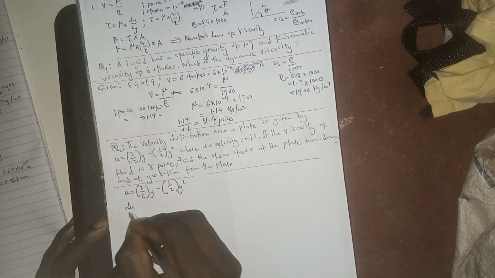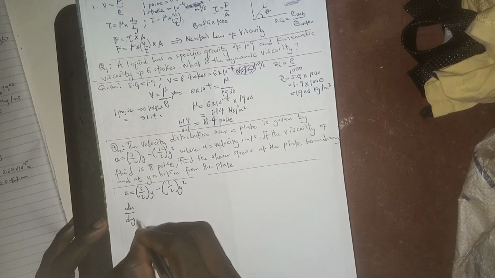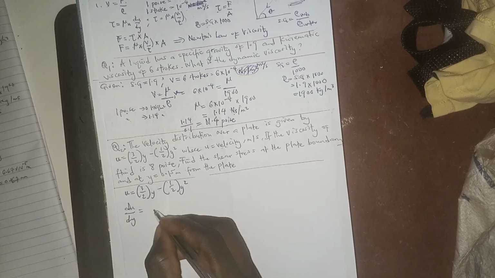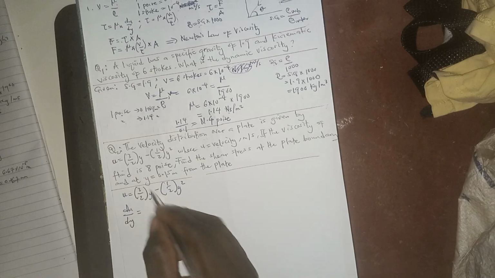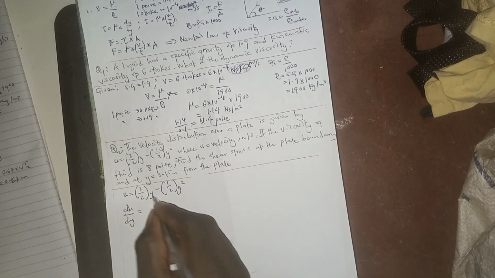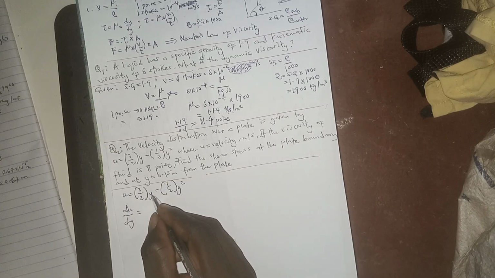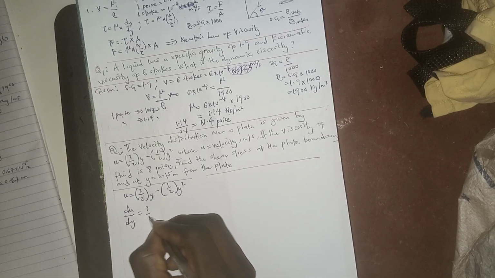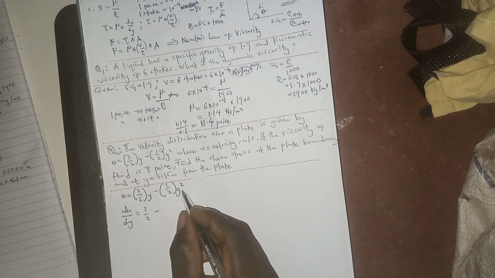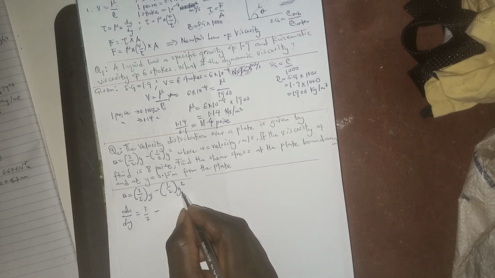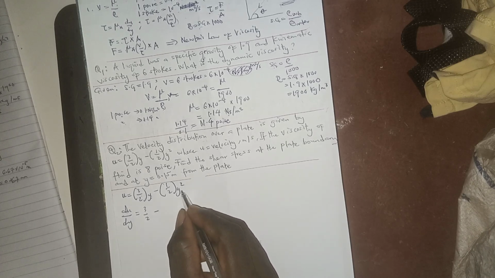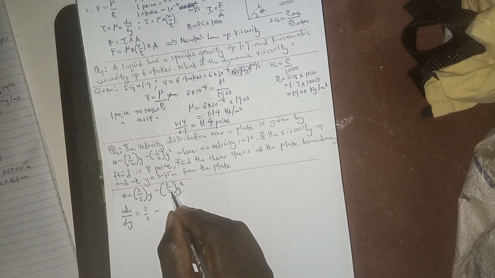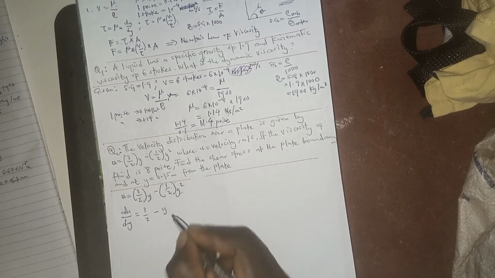So du dy is with respect to y. When you differentiate y, it gives you 1. Then 1 multiplied by this will be 3 over 2. For the second term, differentiating y squared gives 2y. If we multiply 2y by this, the 2 cancels the 2 and it remains y.